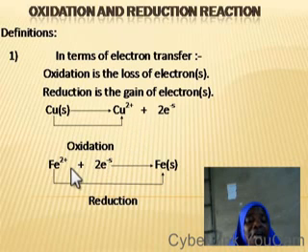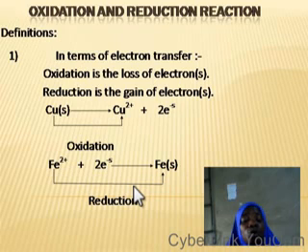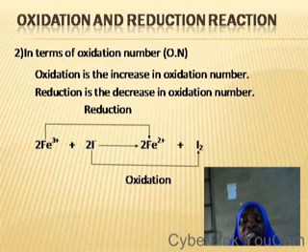And if you look at this second one, iron 2+, when iron 2+ gains 2 electrons, it becomes iron 0. So as you gain electrons, you undergo reduction, while as you lose electrons, you undergo oxidation. So that is the definition in terms of electron transfer.